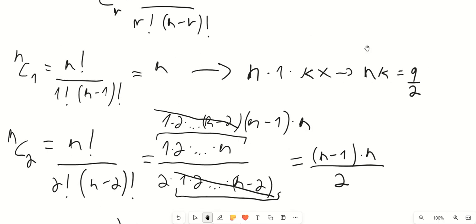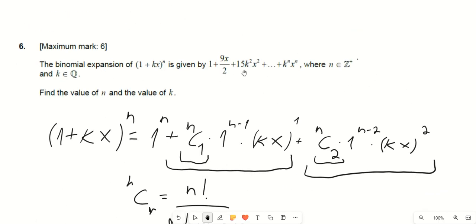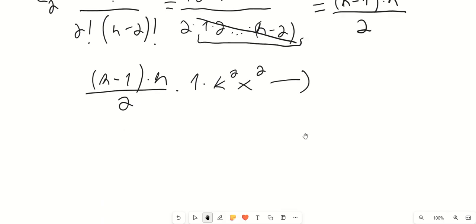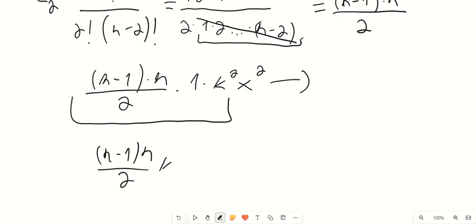And again, I go to the binomial expansion that they provided, and I look at the term with x squared, and the coefficient of it is 15k squared. Then I can recognize here that the coefficient of x squared should be 15k squared, and from here I get an equation.